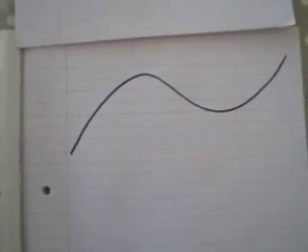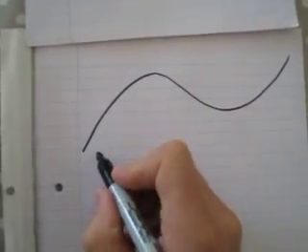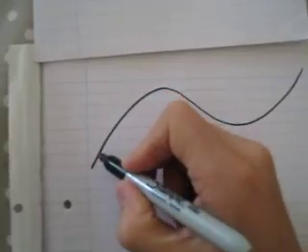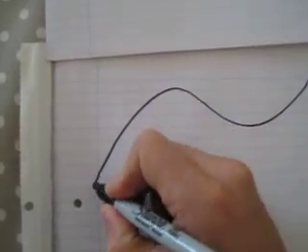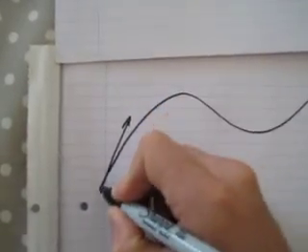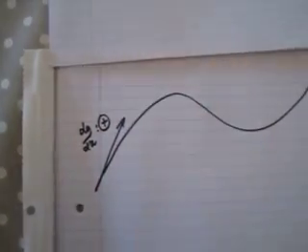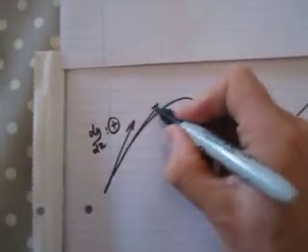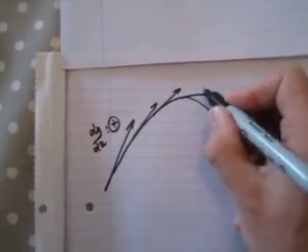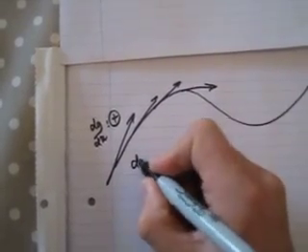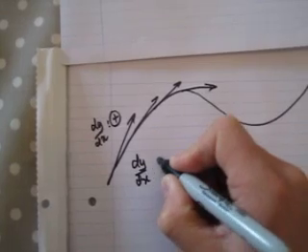So let's have a look at dy/dx. As we move across from left to right here, I've got quite a big positive slope down here, so dy/dx is plus, and it's a pretty big plus. Now, the slopes are getting shallower and shallower as I move along, so dy/dx is decreasing.